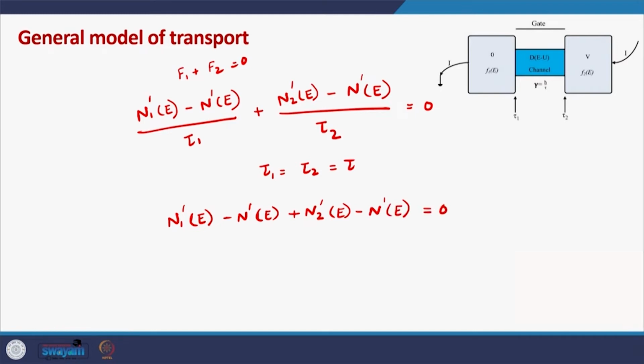So, essentially this n prime E, which is the steady state number of electrons in the channel, will be given by 1 by 2 times n1 prime E plus n2 prime E.